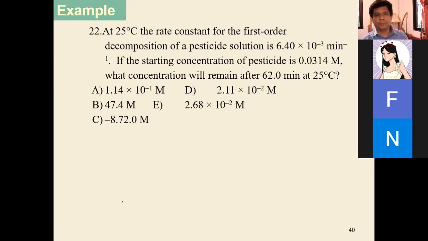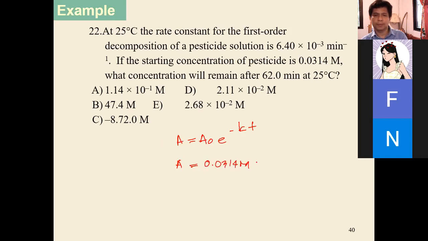Pero okay na dalawa. At 25 degrees Celsius, the rate constant for the first order decomposition of a pesticide solution is 6.4 times 10 to the minus 3 per minute. If the starting concentration of pesticide is 0.0314, what concentration will remain after 62 minutes? So, equation natin dito is A = A sub O e to the negative kt. So, ito yung hinahanap, A. A sub O is 0.0314 molar.